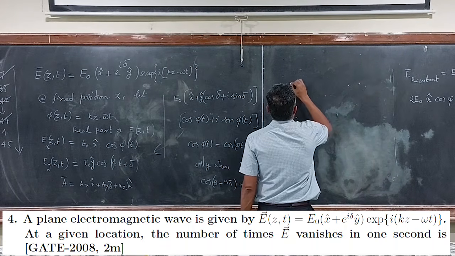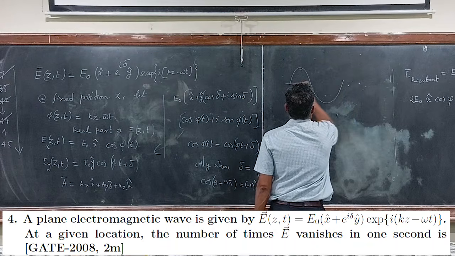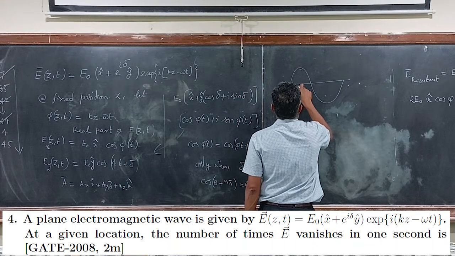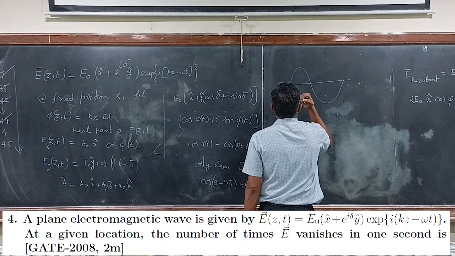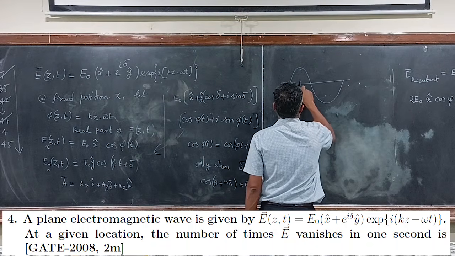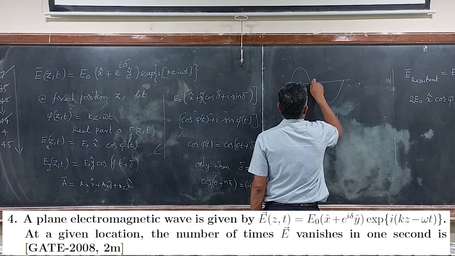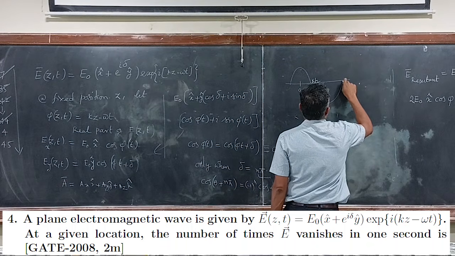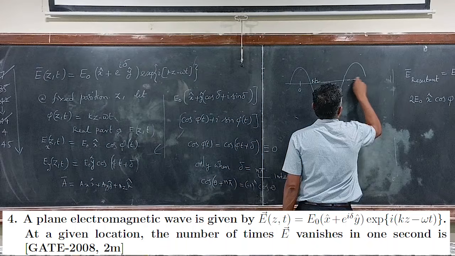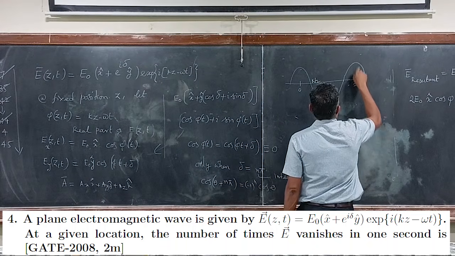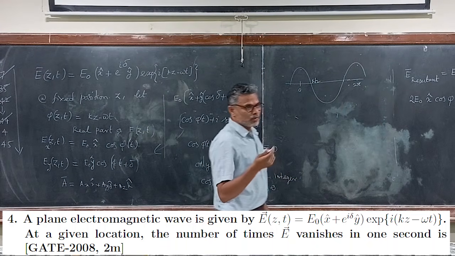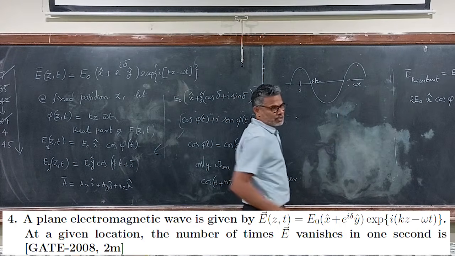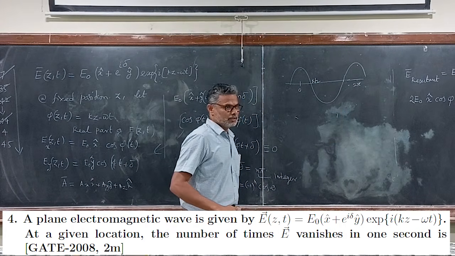So let's say you have a cos behavior in one cycle. Let's take this. Okay, so it is 0, then you have pi by 2, and then when you reach here, 2 pi, it's again maximum. Cos 0 is 1. So in one cycle, the cos function vanishes twice.